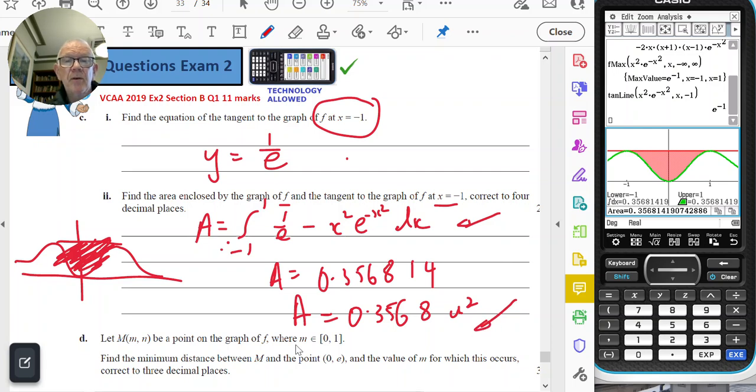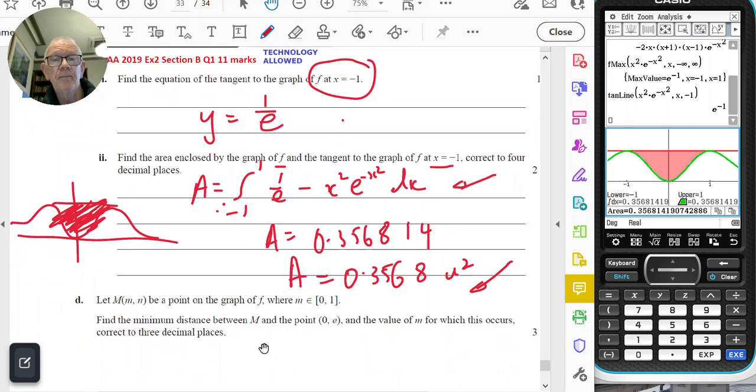Let m be a point on the graph where m goes between 0 and 1. So m attaches somewhere between here. Find the minimum distance between m and the point 0, e. So if I could move my page down a little bit, here is 0, e, here is the point m, and that's going to be m and f of m.